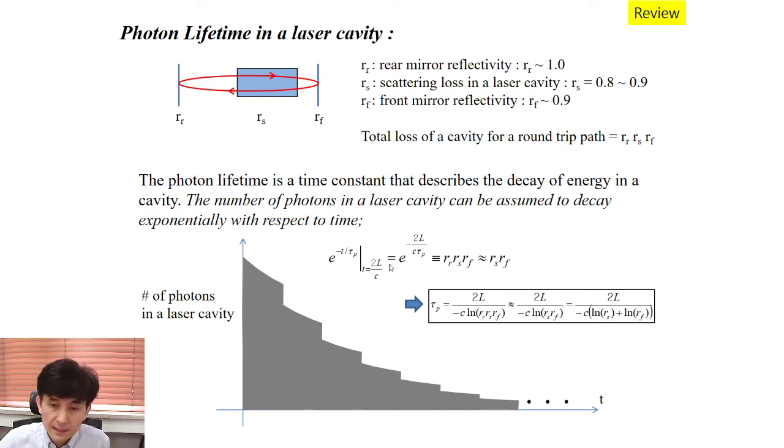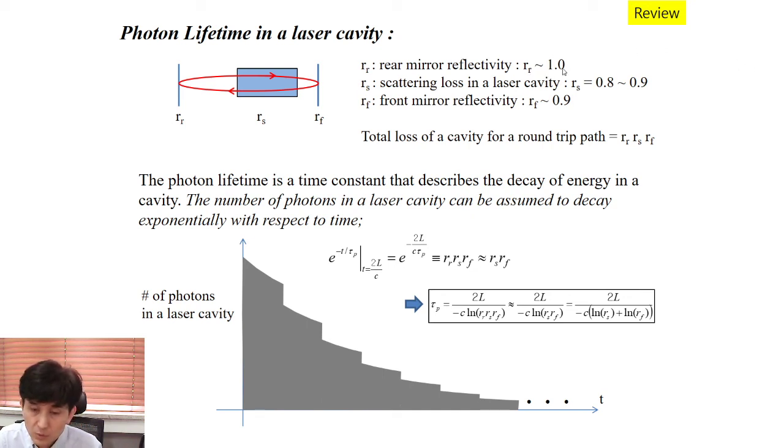In this case 2L over c is the time, divided by tau p, the photon lifetime, which is equal to r times Rs times RF.